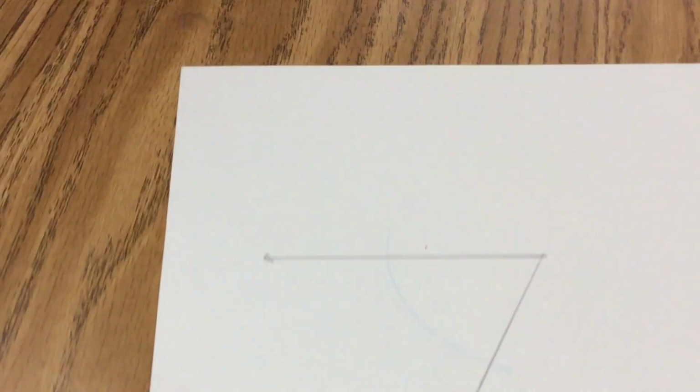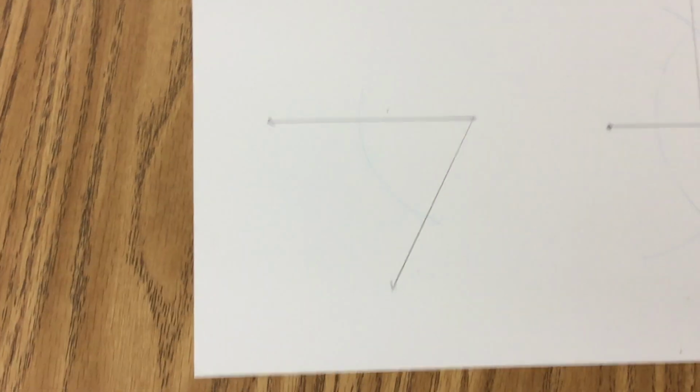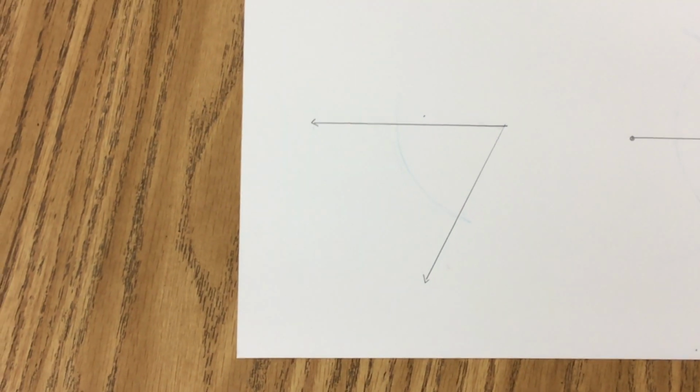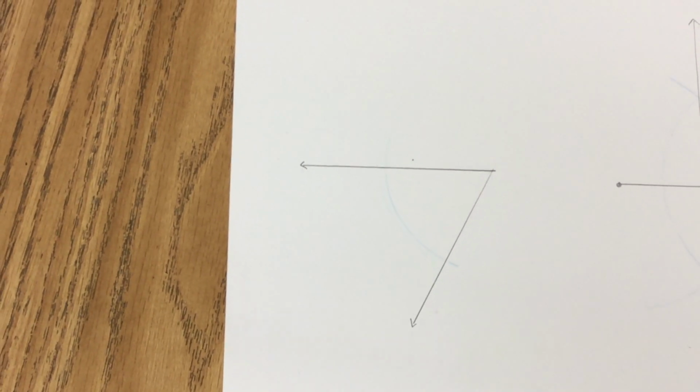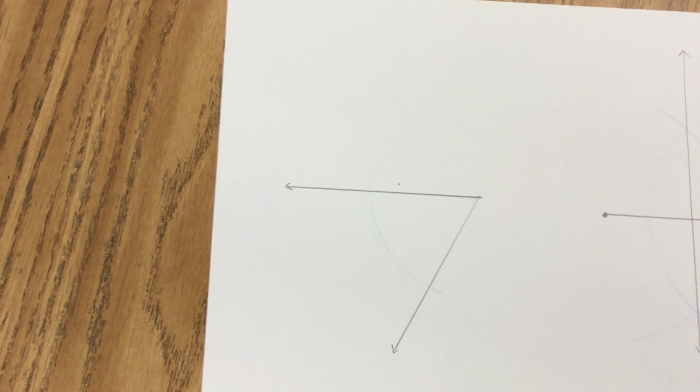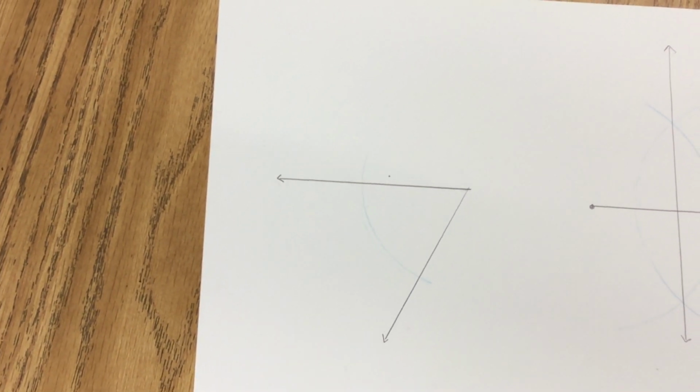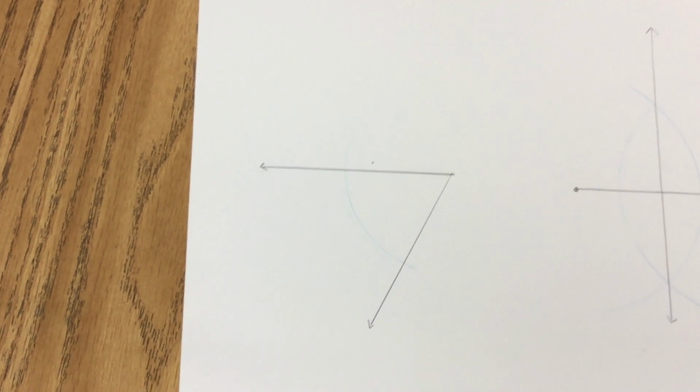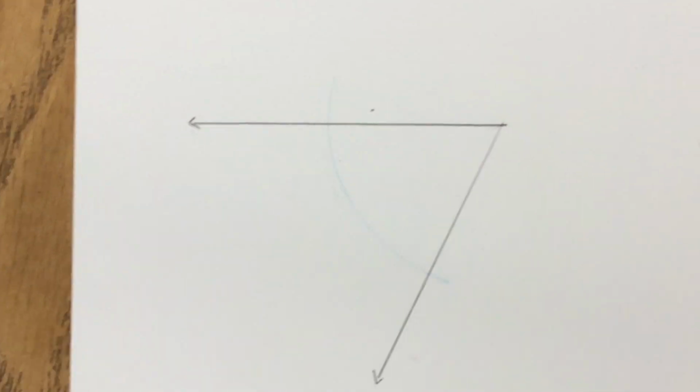Okay? I'm going to do this in a different color so it's easier to see. So now I've got a semicircle that cuts through both rays of the angle, both of the lines that leave the angle.